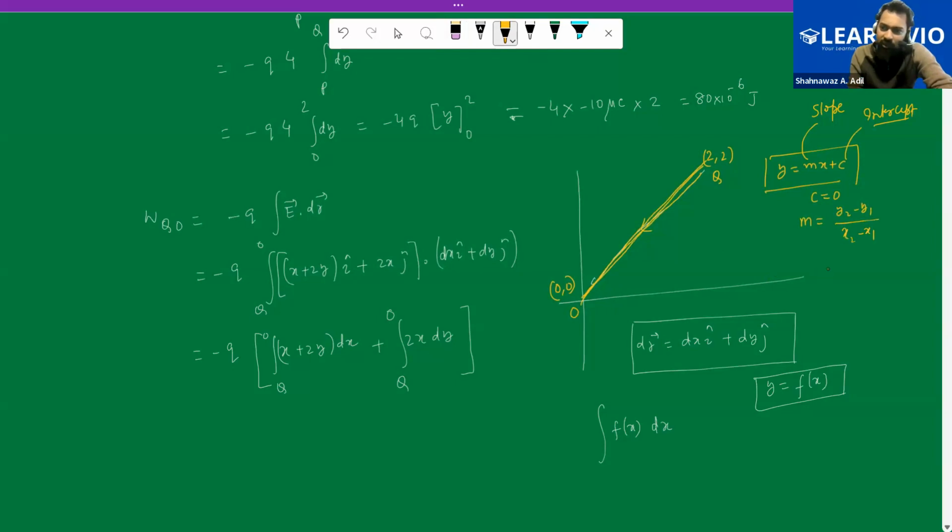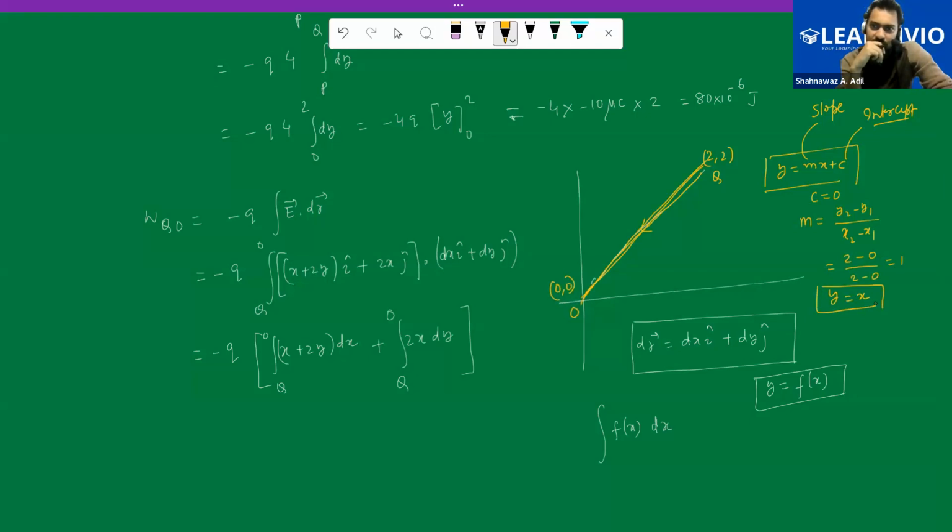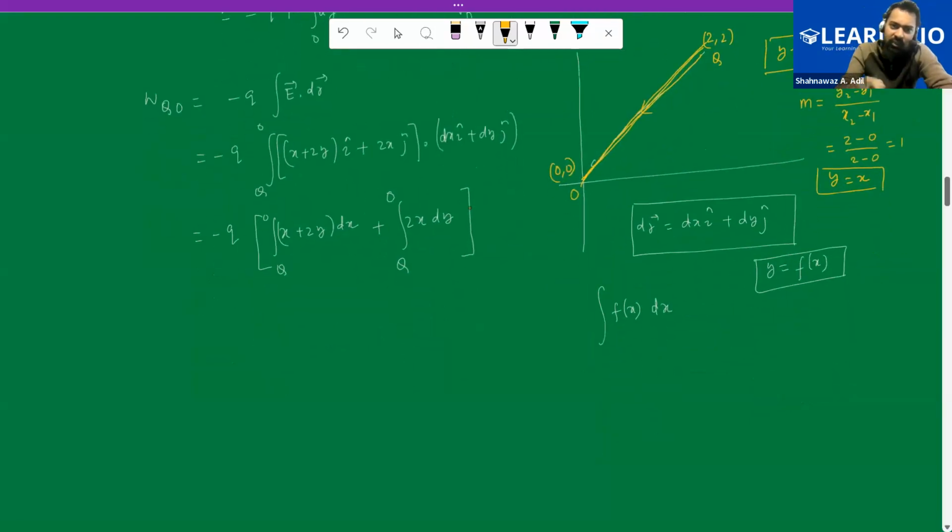So y2 is 2 minus 0, divided by x2 minus x1, that is 2 minus 0, right? So this is 1. So the slope is 1, and this equation is simply y equals x. Clear? So we just write this equation as y equals x.